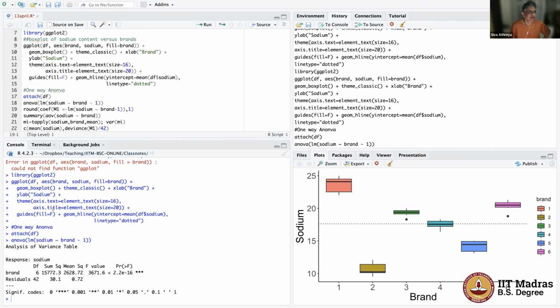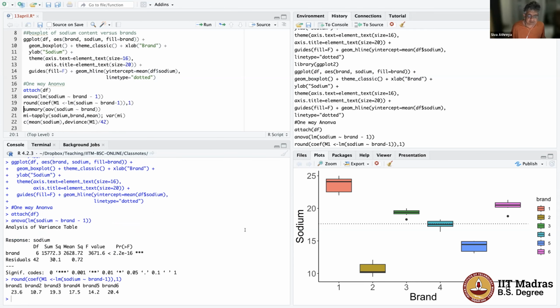And then I just try to find what the means are in each brand. So I run this command, and immediately I get the brand one mean is 23.6, like we said here, and brand two so much, and brand 6 is so much.